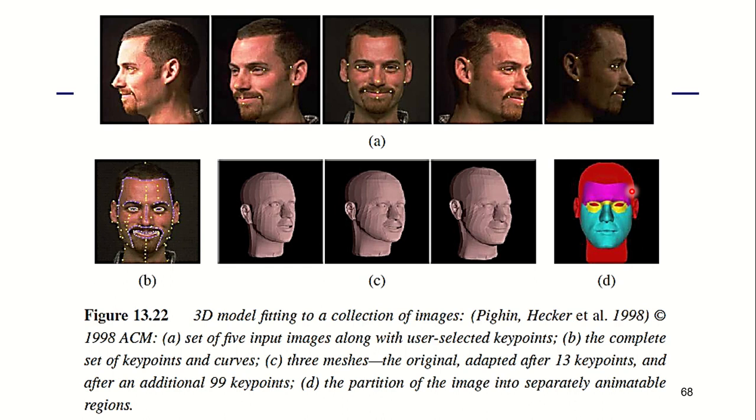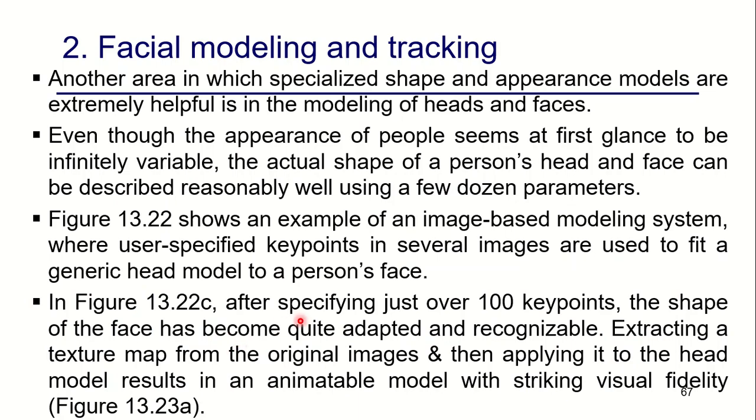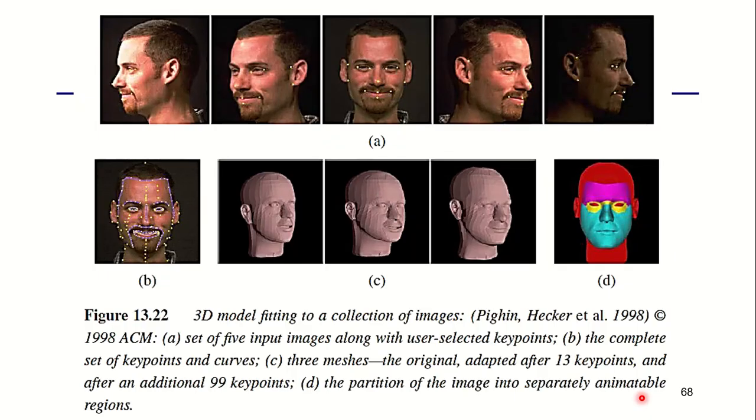This also shows the partition of the image into separately animatable regions. After specifying just over 100 key points, the shape of the face has become quite adapted and recognizable. Extracting a texture map from the original images and applying it to the head model results in an animatable model with striking visual fidelity.